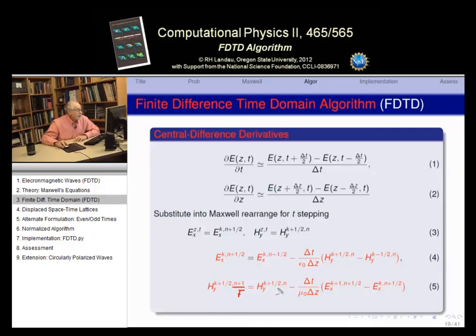We have on the right-hand side n, so that's present, and then we have n plus a half. So this is now past, and now this is present. Okay, so we go ahead one step, half a step, with this algorithm.